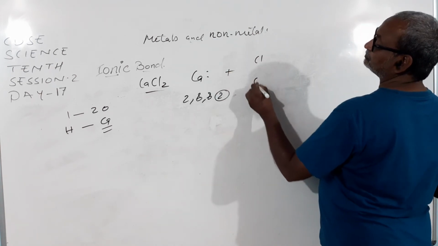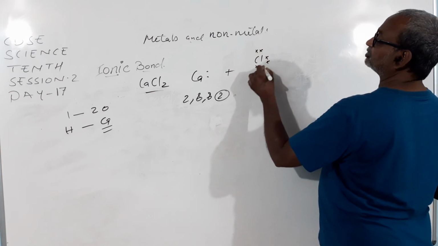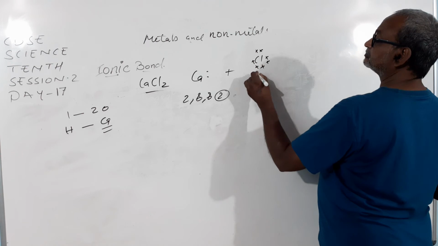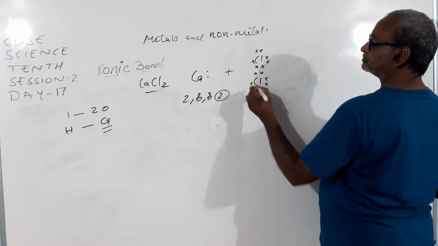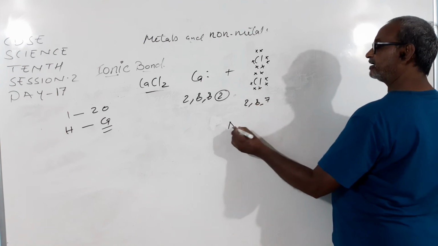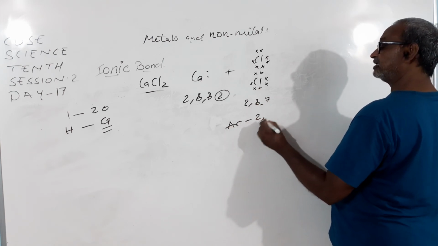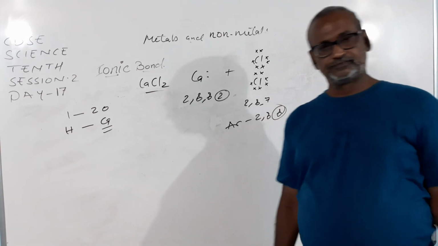Chlorine atom has 7 electrons in its outermost orbit, 2,8,7. And the nearest noble gas is argon, 2,8,8. So it requires 1 electron to complete its octet.